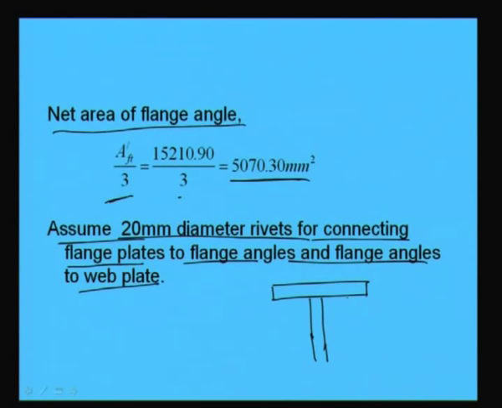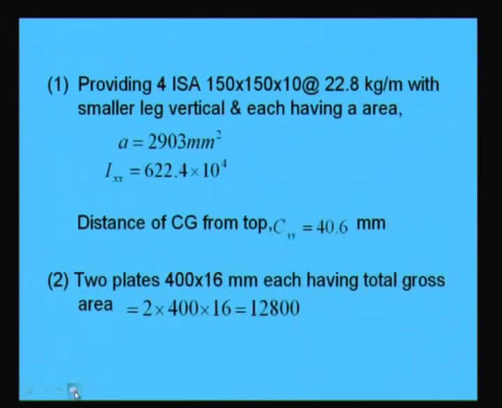So, when we are going to connect, we are going to use 20 mm diameter rivets for connecting flange plates to flange angles, right. This is also we are providing 20, flange angles to web plate. So, all are 20 mm diameter power driven shop rivets, let us use, right.